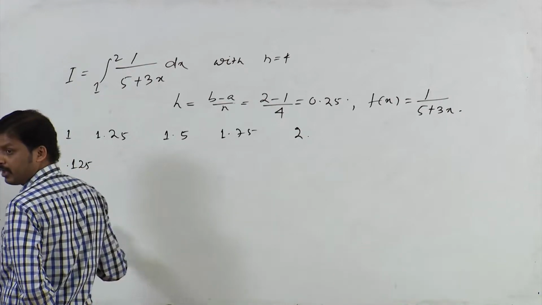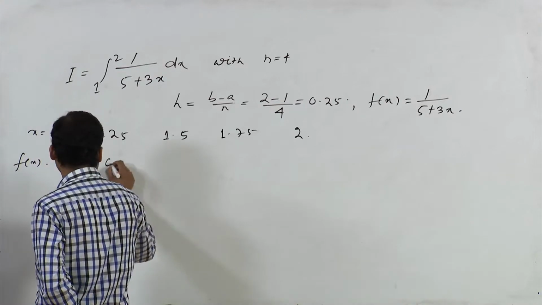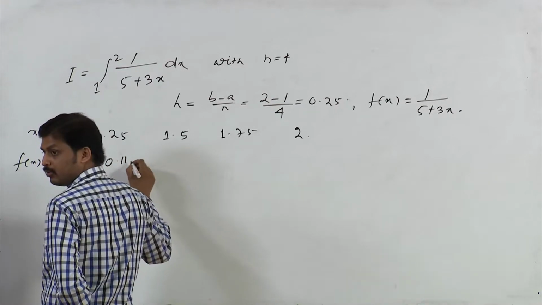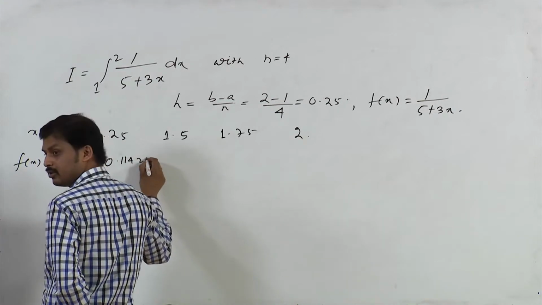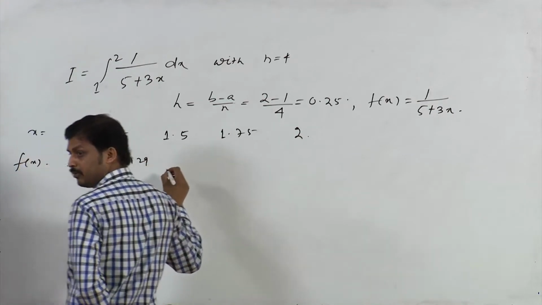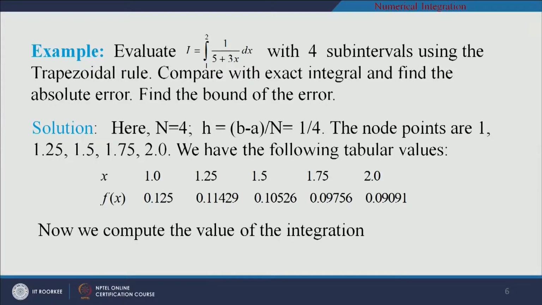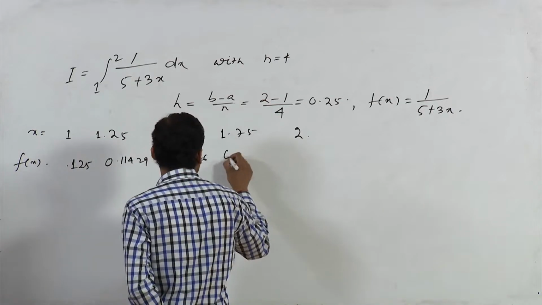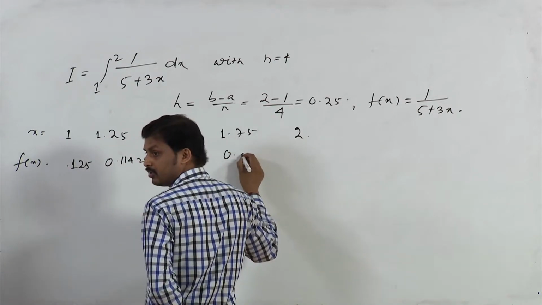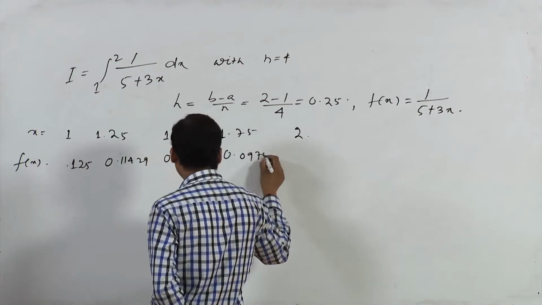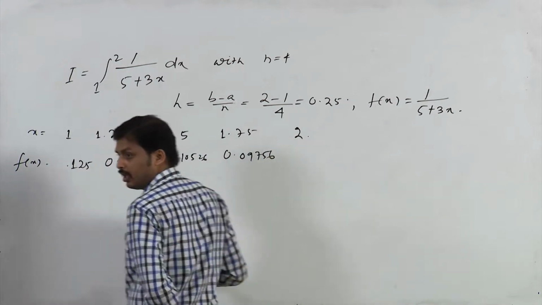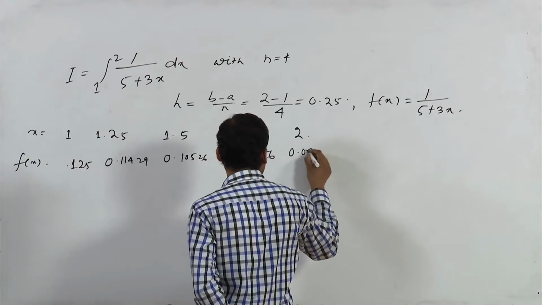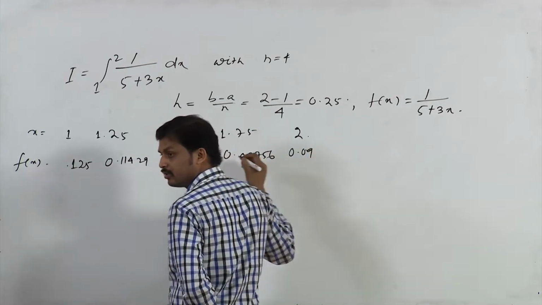For 1.25, we get 0.11429. For 1.5, we get 0.10526, then 0.09756, and 0.09091.